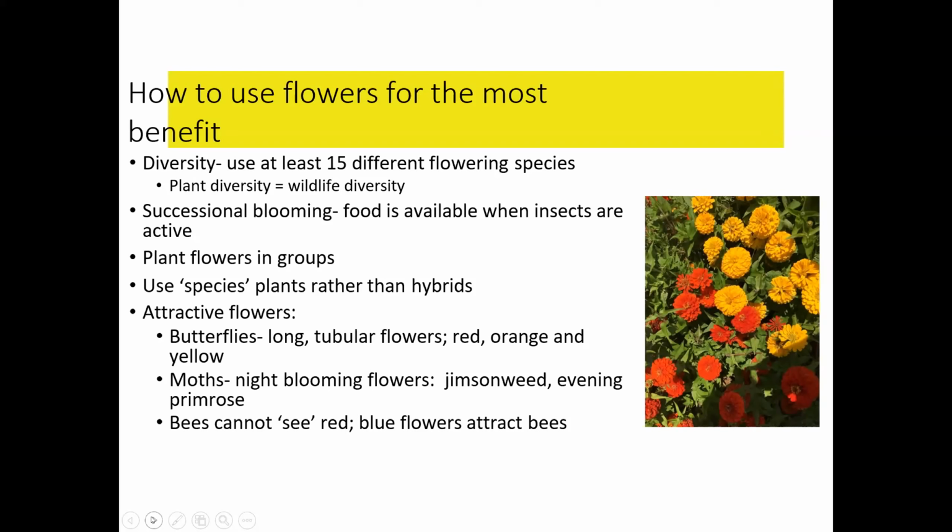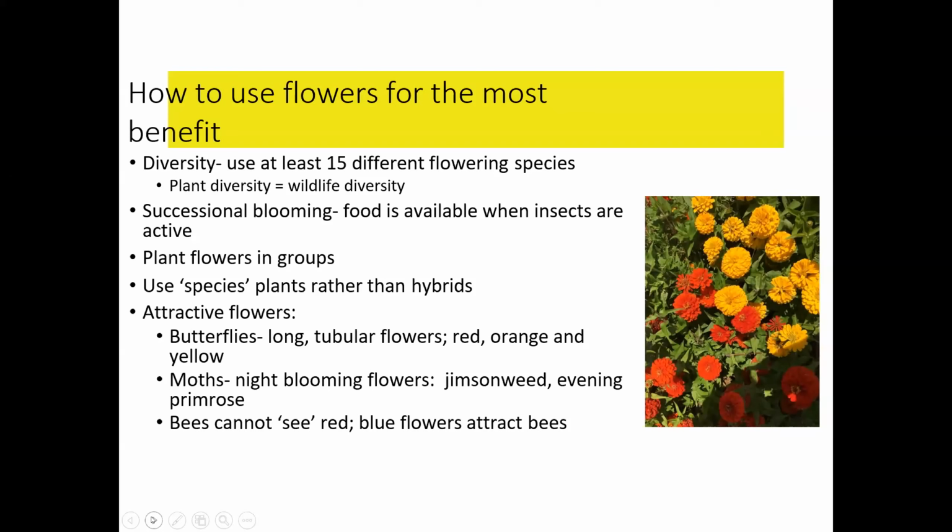Because what happens is a lot of times when we create hybrids, we breed the male parts out, which contain the pollen. So an insect will recognize the flower as something that has pollen, and they will go to that flower and waste a lot of energy trying to find pollen that's not there.